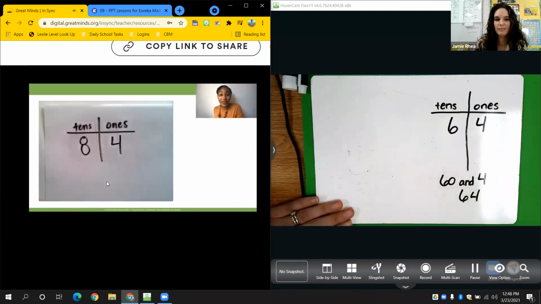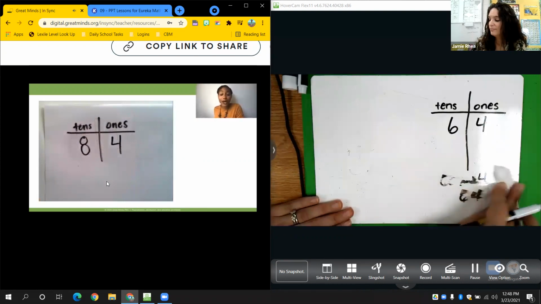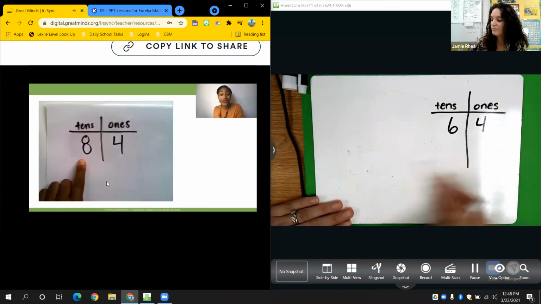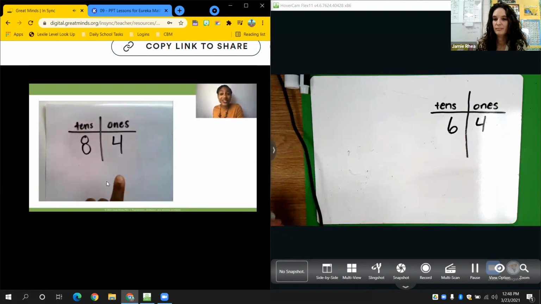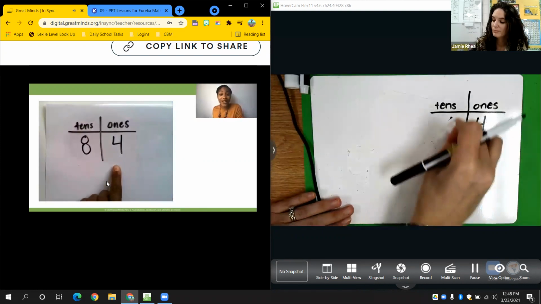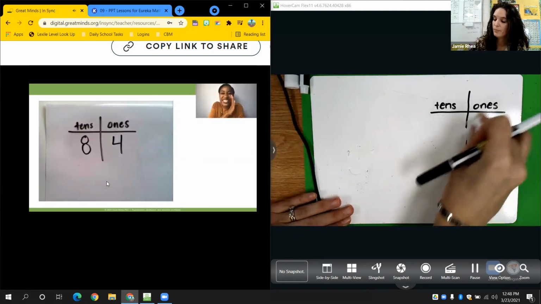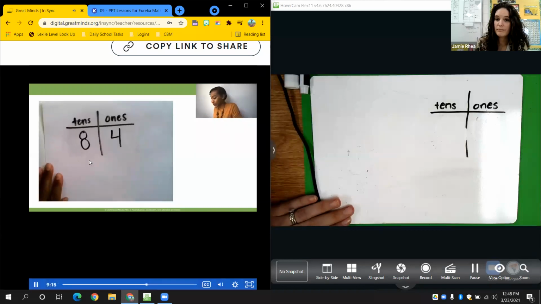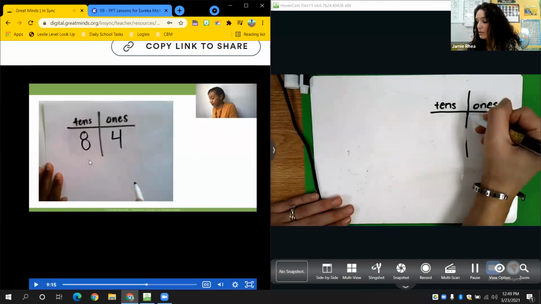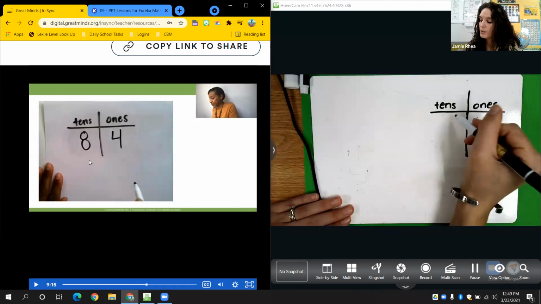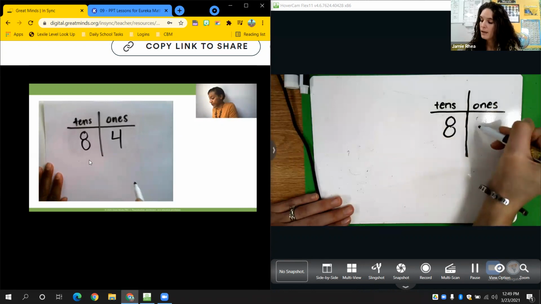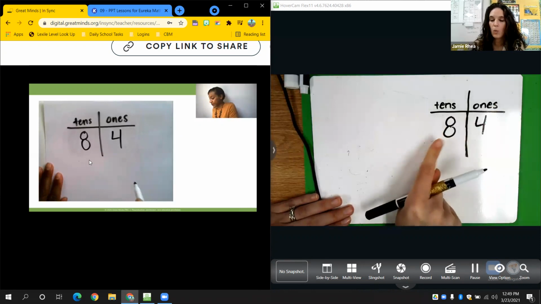Mathematician, what about this one? On your board, I want you to write the value of these 8 tens and the value of these 4 ones. Okay. I'll go behind my secret wall and work with you. And I'm going to pause here because you're too fast for us. All right. So our number is 8 tens and 4 ones. So what is the value of 8 tens?